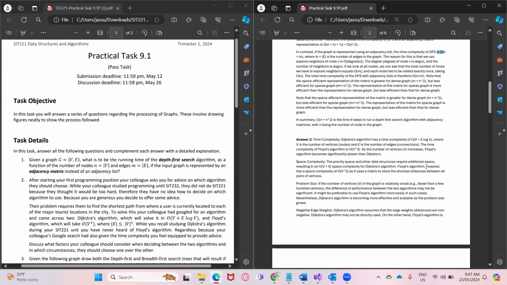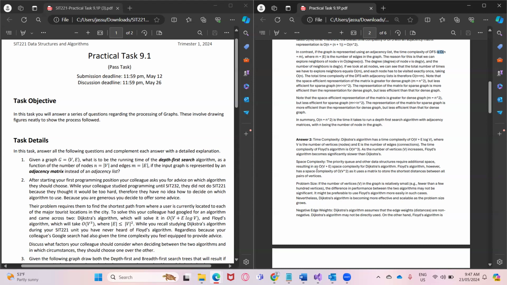As the number of vertices increases, Floyd's algorithm becomes significantly slower compared to Dijkstra's algorithm. When we talk about the space complexity, Dijkstra's algorithm uses a priority queue and some other data structures, resulting in a space complexity of O of V plus E.